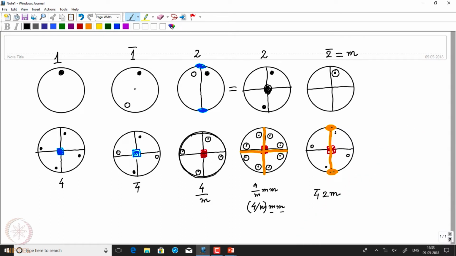So as a result, closed circle here becomes open circle. This open circle goes to the other side and becomes closed circle. This open circle comes to the other side and becomes closed circle, and this closed circle coming on the other side becomes open circle. See what has happened. By default, by applying one twofold in one direction, it has generated another twofold in a perpendicular direction.